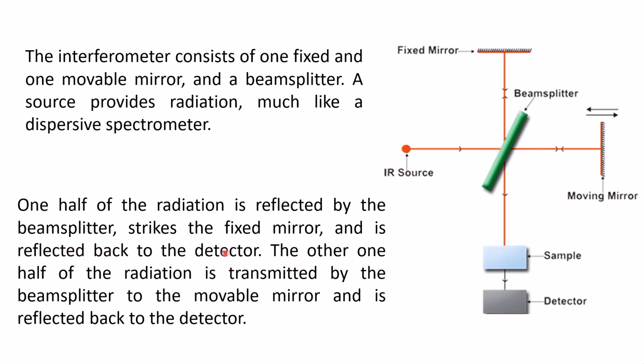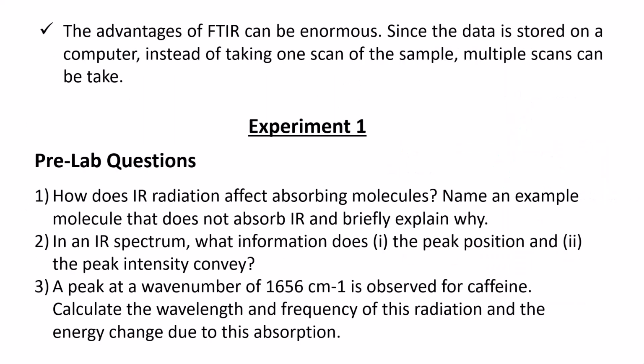And the other half of the radiation is transmitted by the beam splitter to the movable mirror and is reflected back to the detector. So that's the purpose of the beam splitter, splitting the IR source into two different forms which enter the detector. But of course, it passes through the sample before reaching the detector.